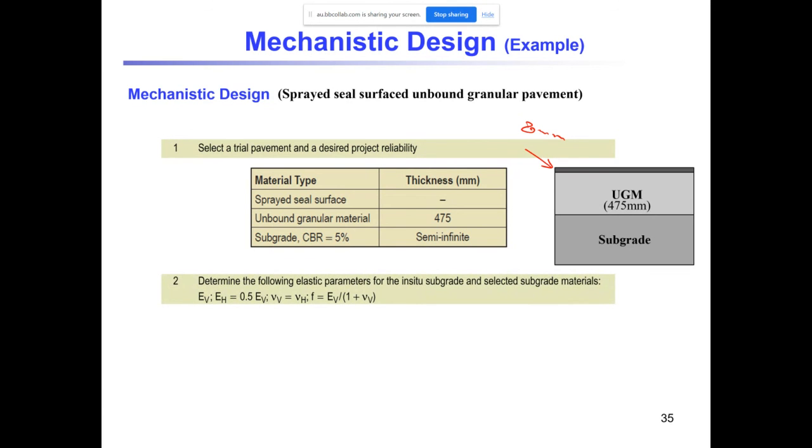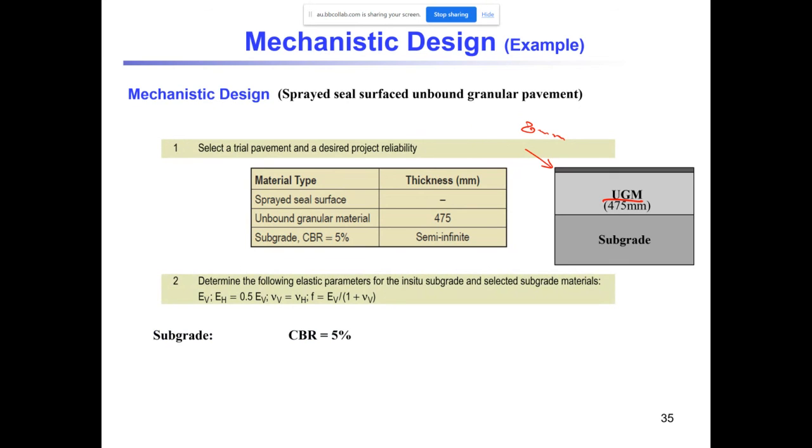The next step is to determine the elastic properties. It is an unbound granular material, therefore you need to consider transversely isotropic behavior, right? It is not isotropic.